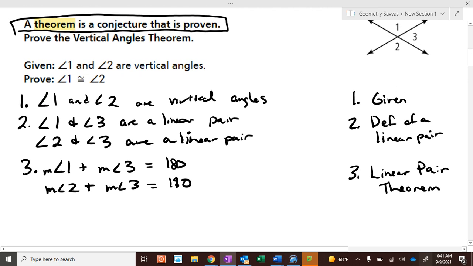So now that we have that, I'm going to look at this. Since this is equal to 180 and this is equal to 180, since they're both equal to 180, I can set them both equal to each other.